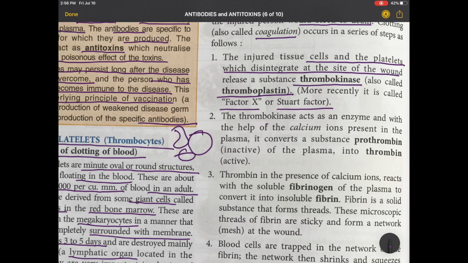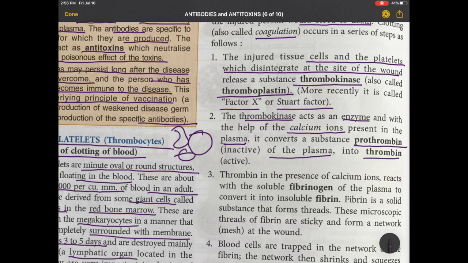Now the thrombokinase has been released at the point where you have cut yourself. Now this thrombokinase acts as an enzyme, okay, and with the help of calcium ions present in the blood plasma, it changes prothrombin, which is inactive. It is there in the blood, it is inactive in the plasma of the blood, into thrombin.